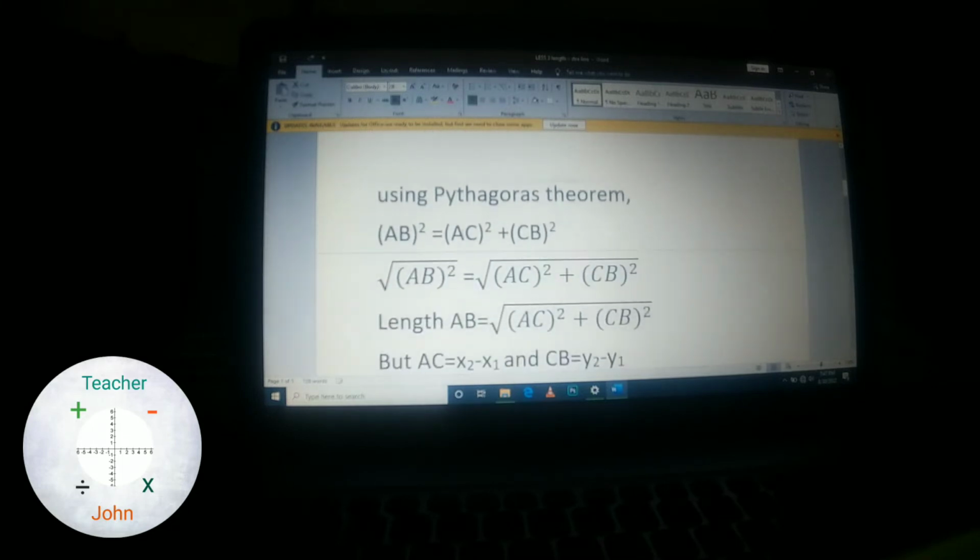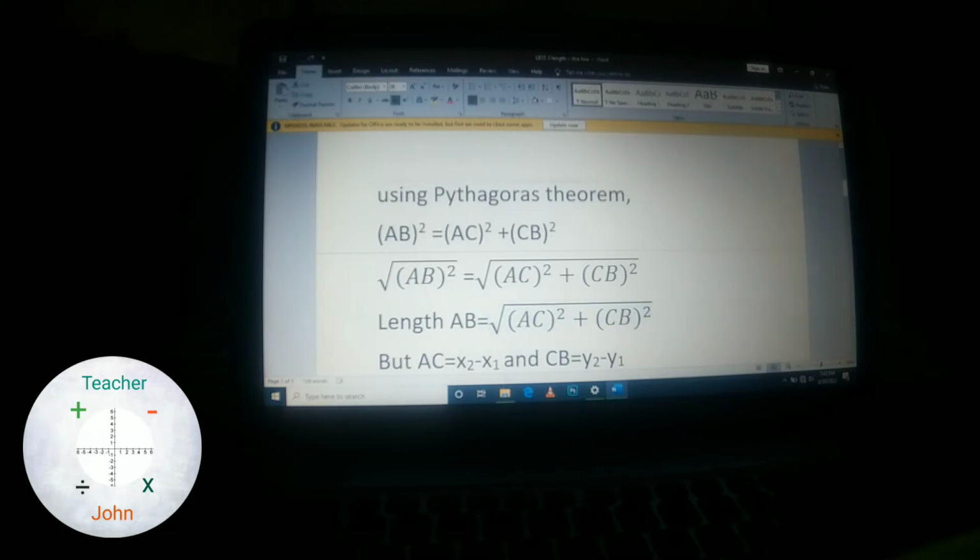That brings us to our Pythagoras theorem, which says that AB squared, which was our line, is AC squared plus CB squared. So for this AB squared, when you are removing the square, we put the square root on both sides. So length AB after removing the square will be equal to this.